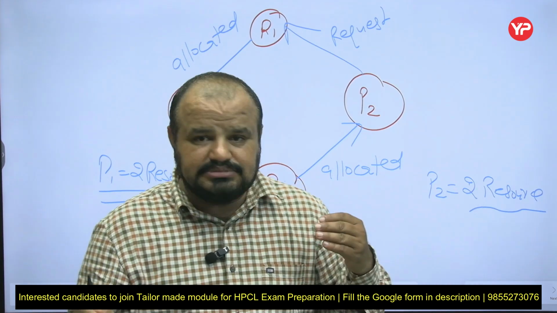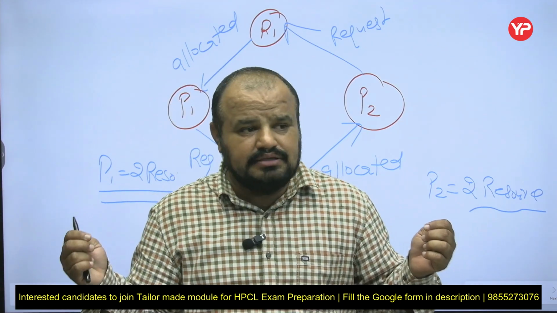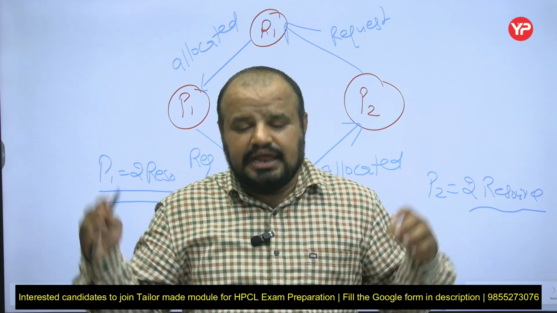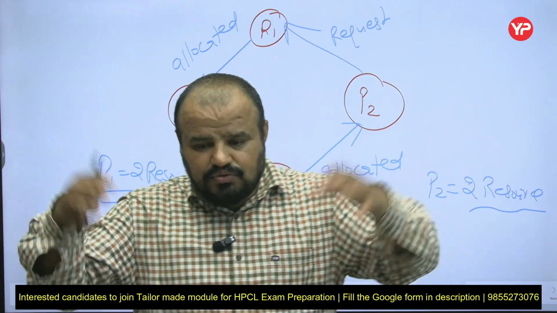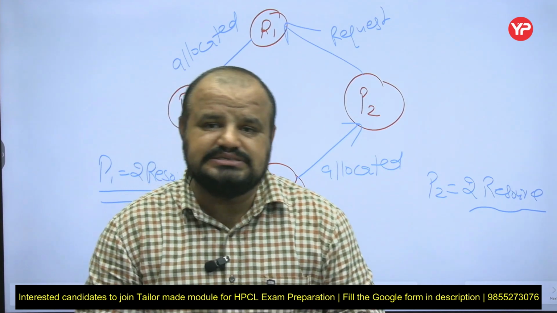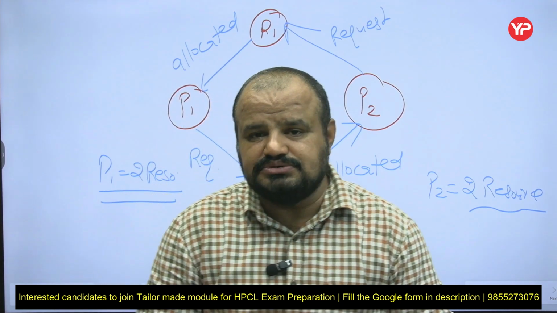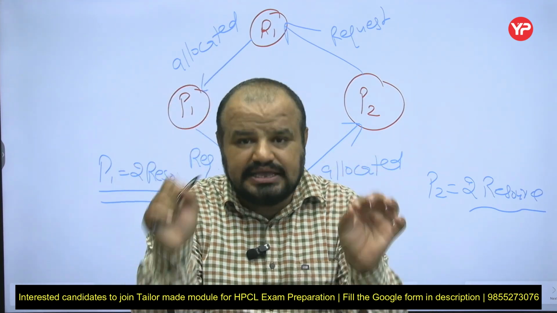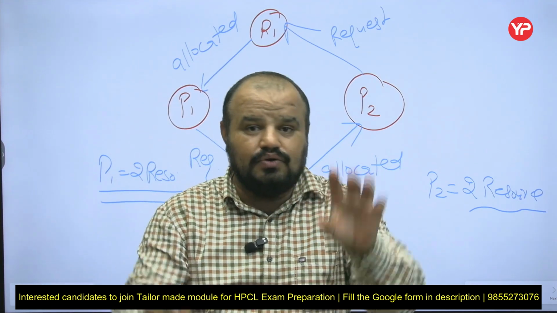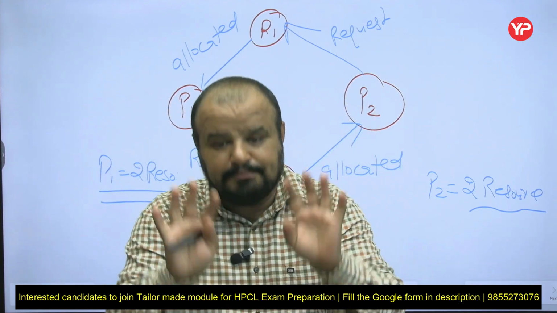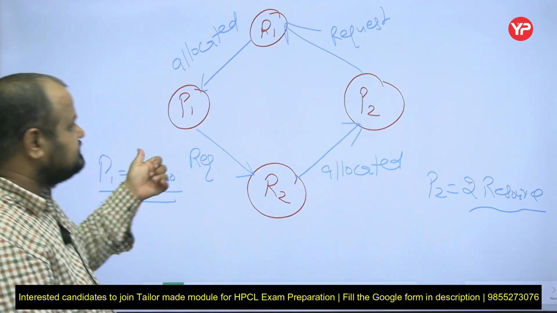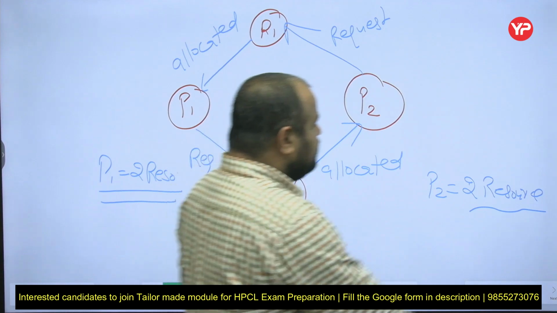I am holding something, the other process is holding something, I require something, the other process also requires something, and each is holding what the other requests. Fine, my dear students. So keep in mind, in this scenario no process is executing. In deadlock, the whole system is in a blocked state, no process is in the executing state. That's why this scenario is called deadlock.